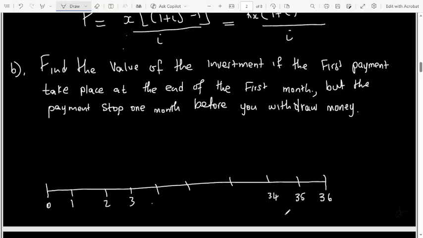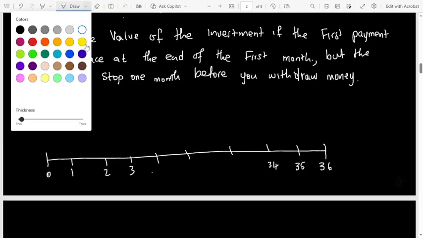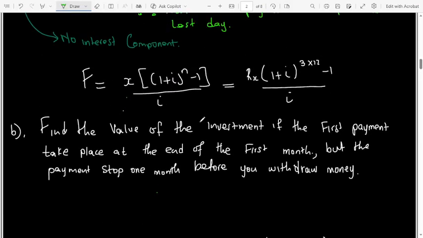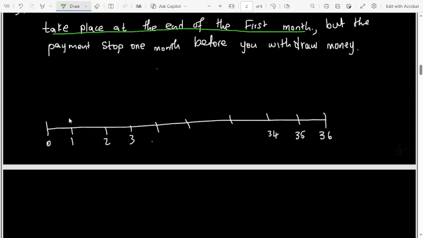If we look at this, we need to understand where the first payment is taking place. The first payment takes place at the end of the first month. So this is the first payment. This is the end of the first month, because this part here is your first month. This is where you make your first payment.